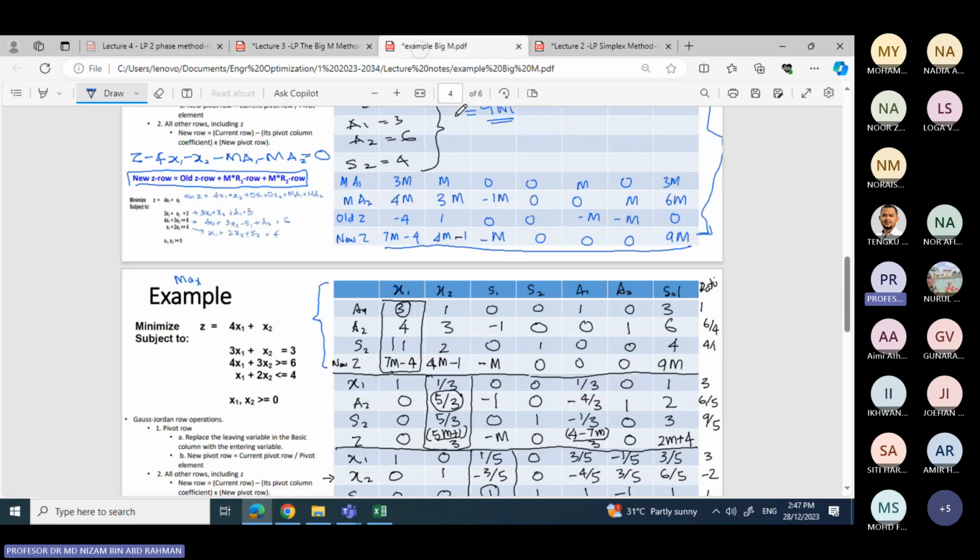So let's look at our example. The z row values. 7m minus 4, is this positive or negative? Positive. Why positive?